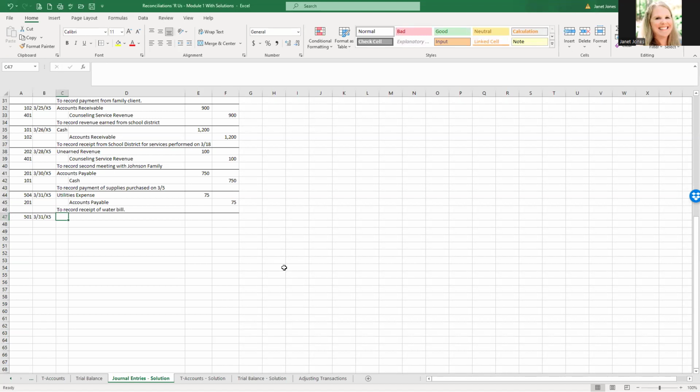And DEADCLIC is the little acronym to remember that debits are our expenses, assets, and dividends. Because we have an expense that is increasing, we want to debit that.